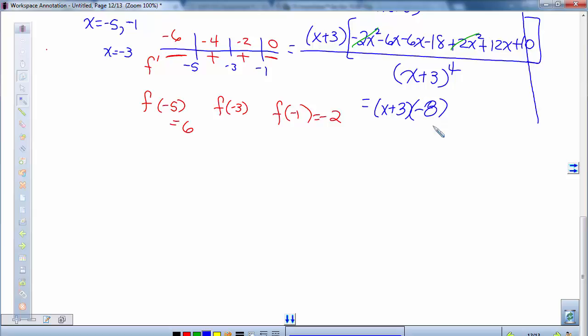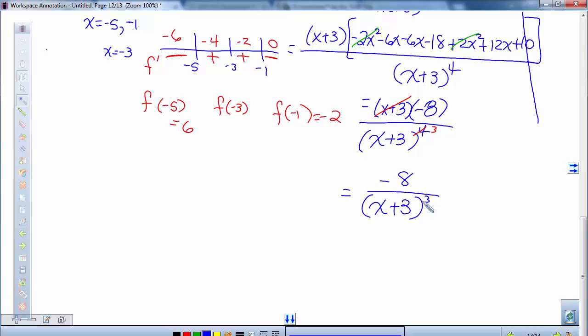Okay, minus 8 over x plus 3 to the fourth. And of course, those are going to cancel out. So we get negative 8 over x plus 3 cubed. Okay, that's our second derivative.